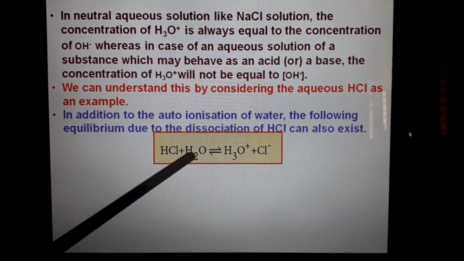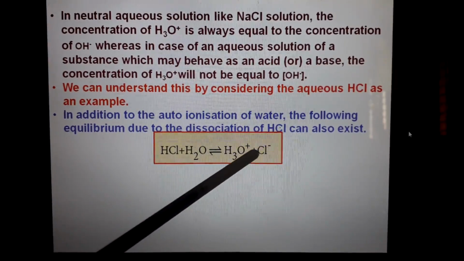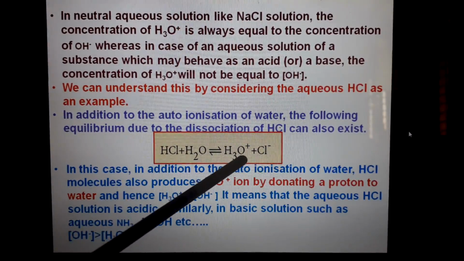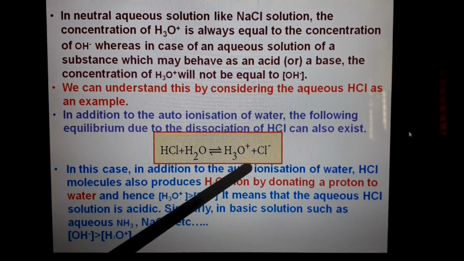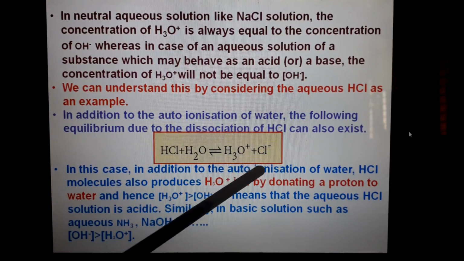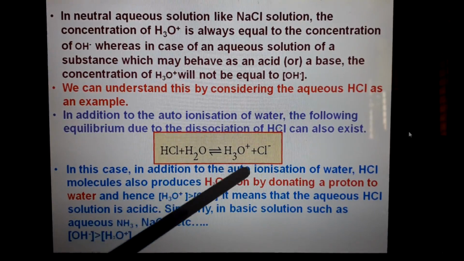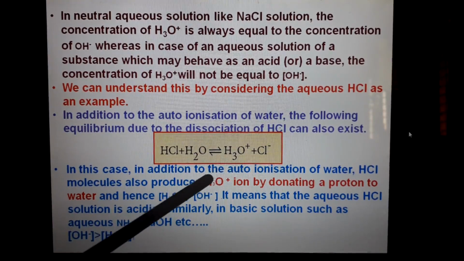This H plus combines with a water molecule to give H3O plus, along with Cl minus. This is the auto ionization of water. In addition to the auto ionization of water, HCl molecules also produce H3O plus ion by donating a proton to water. This is another important concept.